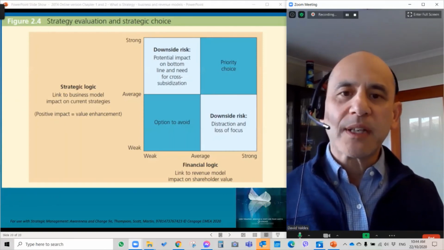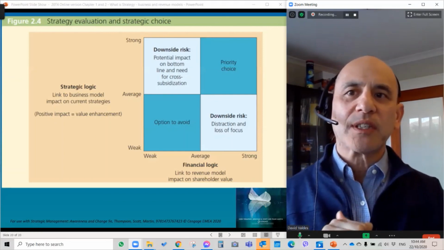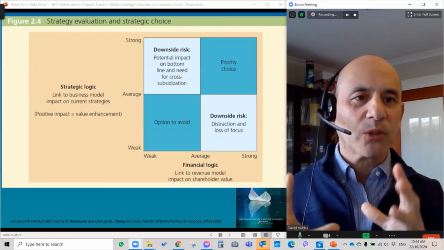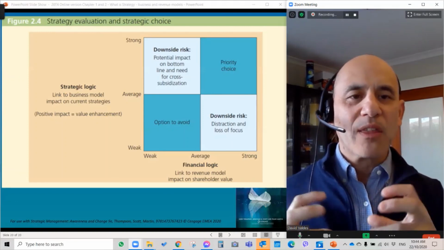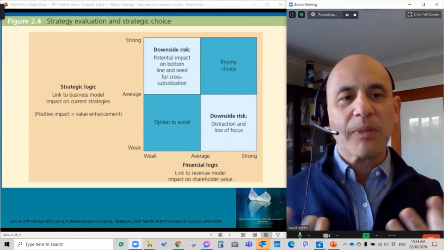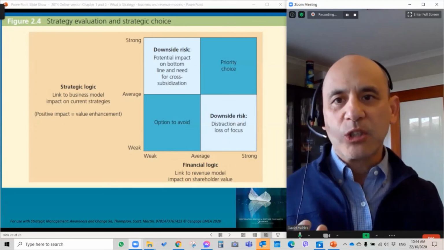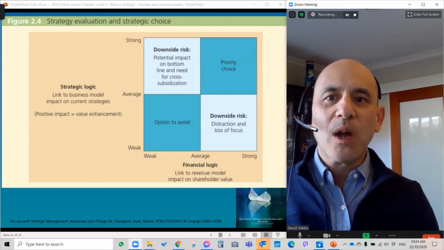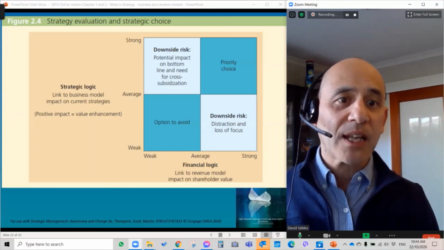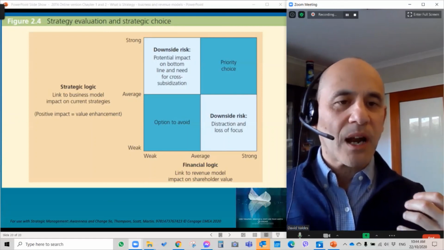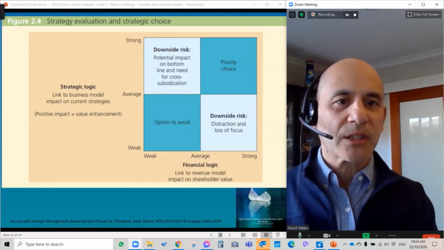Okay, now this slide simply shows us that for any strategy, we can use this model to decide whether it's going to be something appropriate or something effective for our business. And what this shows on the vertical axis is whether a strategy makes a lot of sense given our firm. Are these part of our strengths and weaknesses?